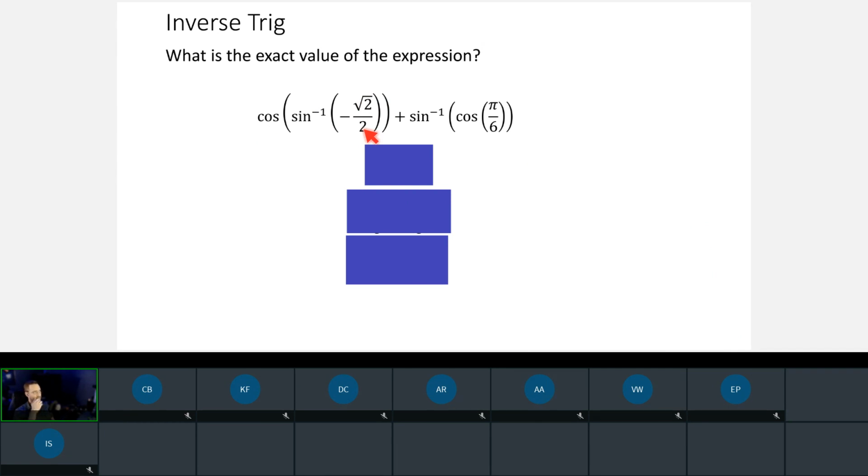Sine is y, so when the y value is negative radical 2 over 2, what do I get? And then with that answer, you say, now what's the cosine of that? Going back and forth, but obviously the easiest way is just type it in. You should get radical 2 over 2 for this first piece, and you should get pi over 3 for this second piece.